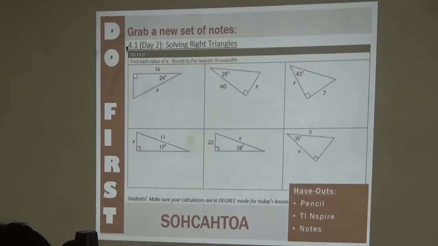We care about this one because it's what we need, and this one because it's what we have. So we've got adjacent and hypotenuse. Which one of them? Cosine. So you can say cosine of 24 degrees equals 16 over x. Start writing that. Cosine of 24 degrees equals adjacent 16 over hypotenuse x. And then multiply the 16.